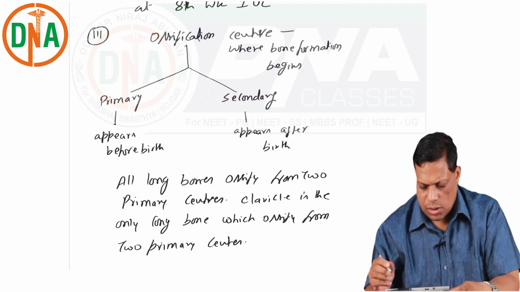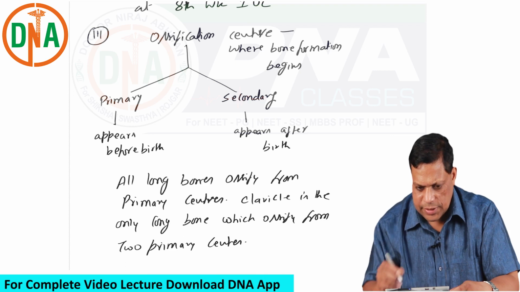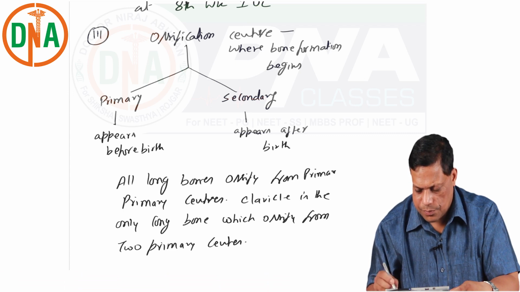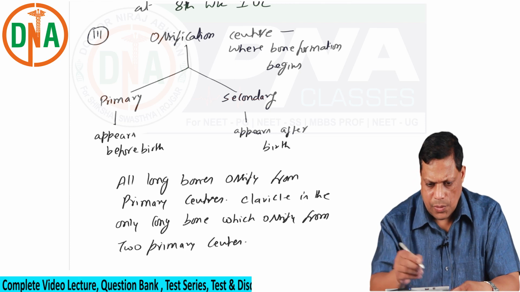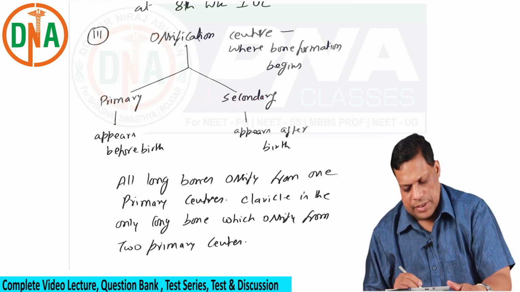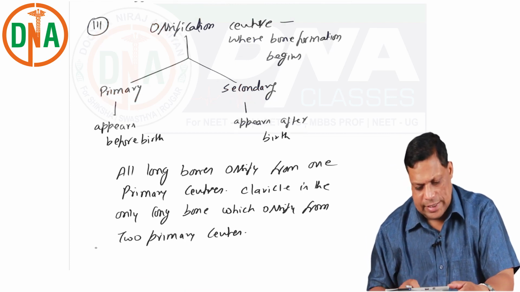I want to correct myself. All long bones ossify from one primary center. All long bones, they ossify from one primary center. The only exception is the clavicle bone, which ossifies from two primary centers.